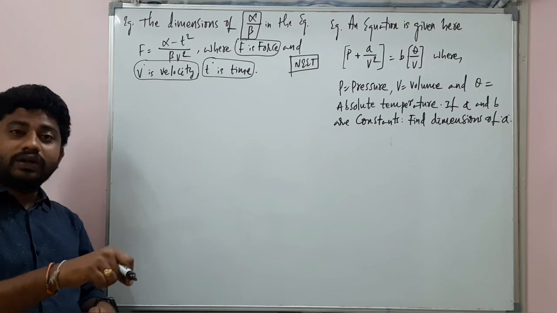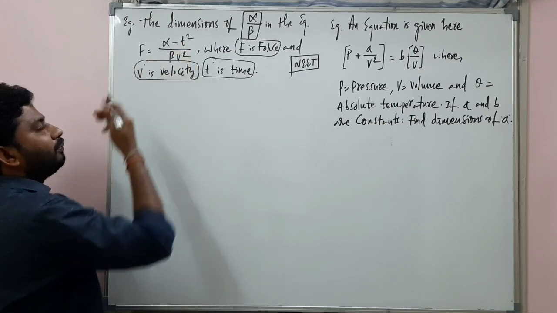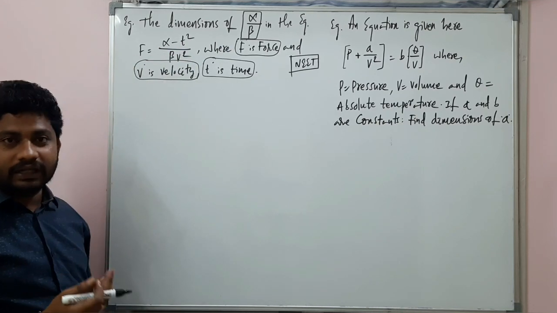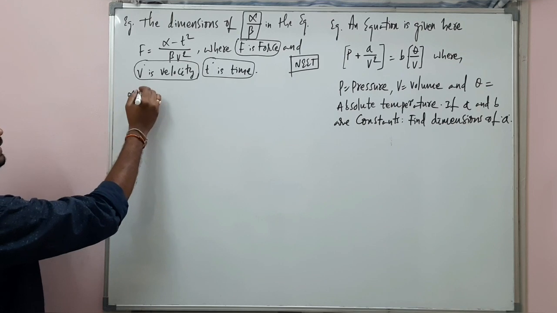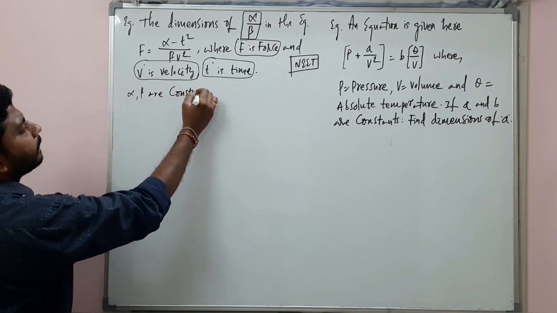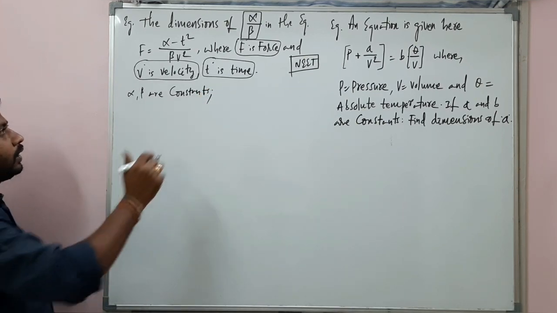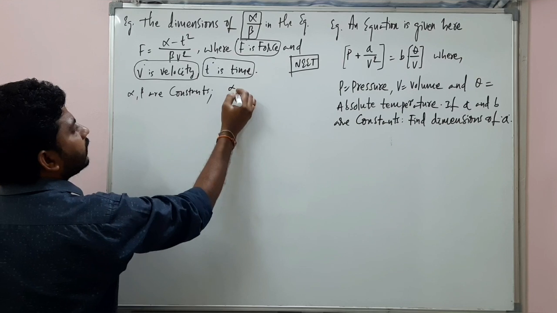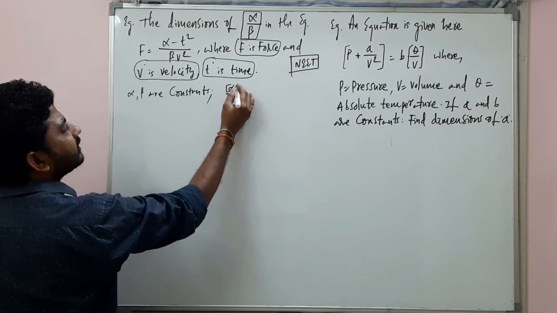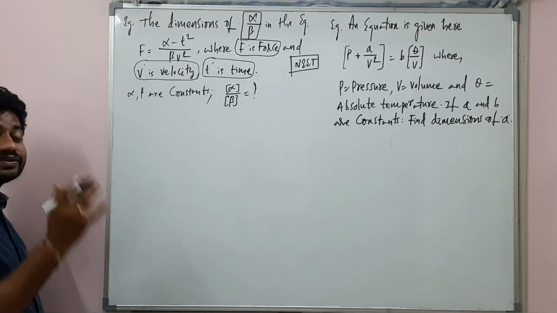And what are the other quantities present in the equation? Alpha and beta. So you can imagine that alpha and beta are constants, which will have dimensions. So this alpha by beta means dimensions of alpha by dimensions of beta. They are asking us to find that out.